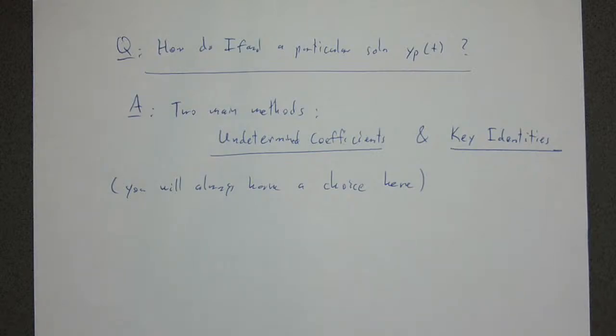Undetermined coefficients can sometimes be seen to be a little bit more intuitive. Typically, it's taught as if you're finding this by guessing the form the solution has to take. Of course, you're not really guessing, because you can show mathematically that there's really only one form that it can take.